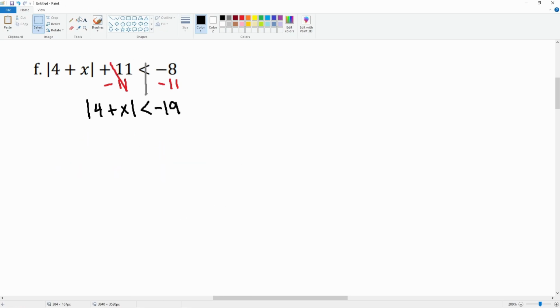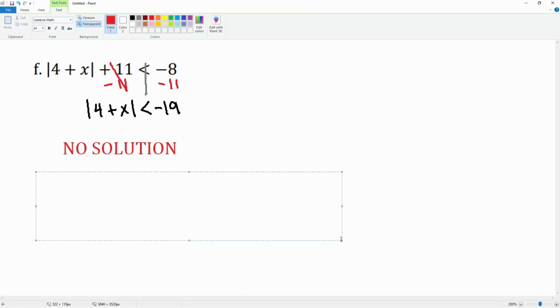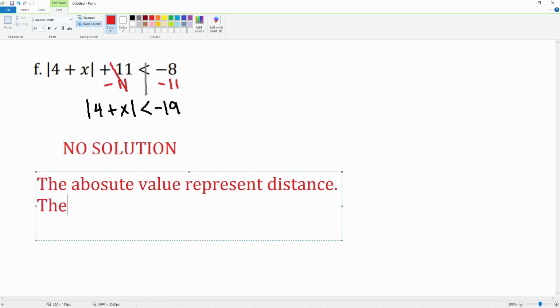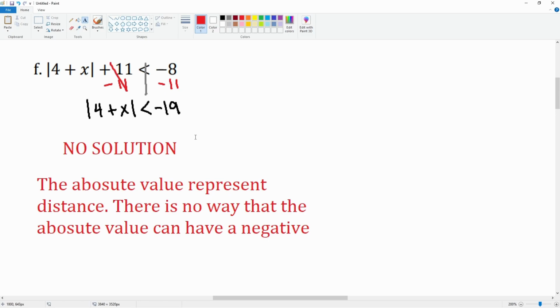This is not possible. Let me write, a no solution. And why is it a no solution? From before, we noticed that the absolute value represents distance. There is no way that the absolute value can have a negative distance. Right here it says it's less than negative 19. This is impossible. I want you to think about this.